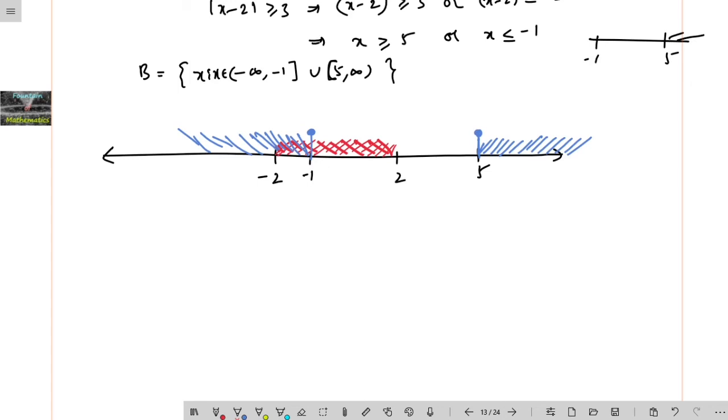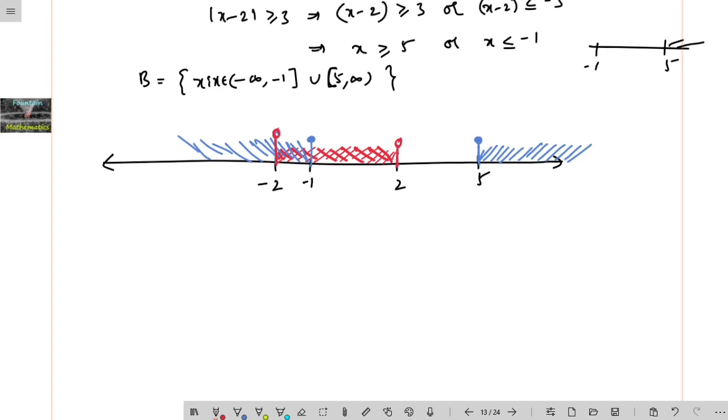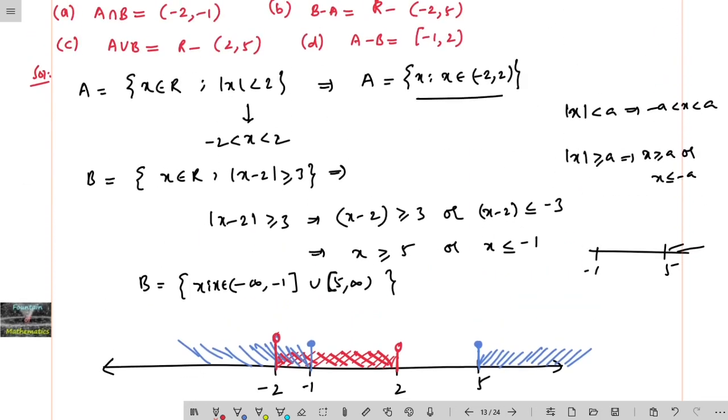Both 5 and minus 1 are including here, and in case of minus 2 to plus 2, both are excluding. So in this case I can just mention here they are excluding. For excluding I am mentioning like a hole. Now what is the intersection part?